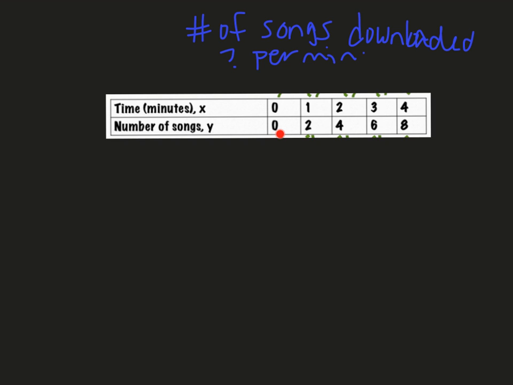So my first point was 0, 0. Then after 1 minute, he downloaded 2. When he was on minute 2, he had downloaded 4. Minute 3, he had downloaded 6. And minute 4, he had downloaded 8. At some points you want to look at how the graph is changing vertically or within the numbers. But for a constant rate of change, or to see if it's linear, this is very important.